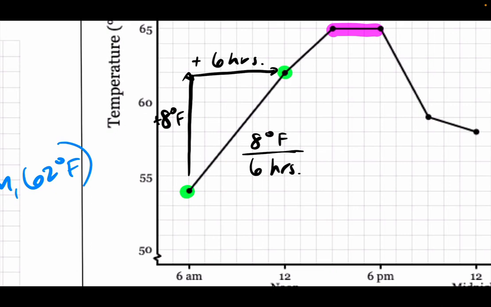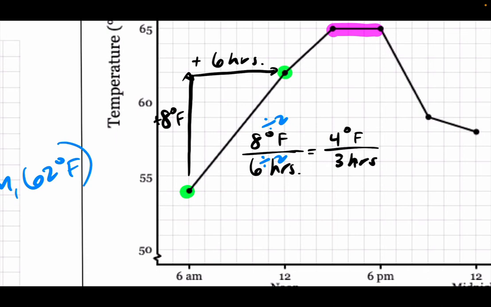Does 6 go into 8 evenly? No. So what do we do? Reduce your fractions. What's the biggest number I can divide both 8 and 6 by? 2. So divide them by 2. The top one becomes 4 degrees Fahrenheit. The bottom becomes 3 hours. And that's your rate.